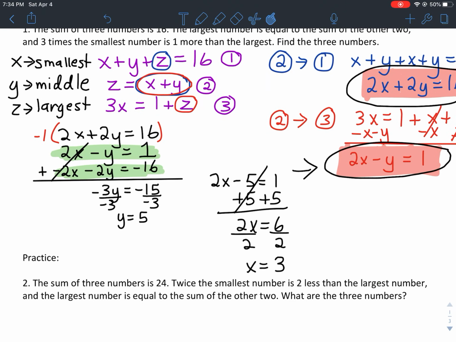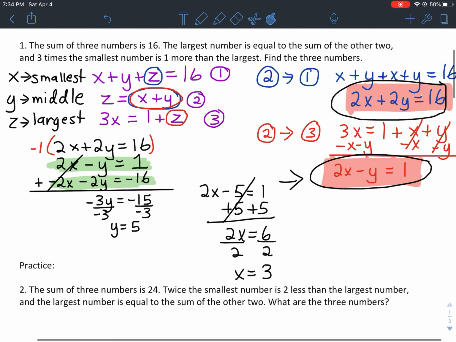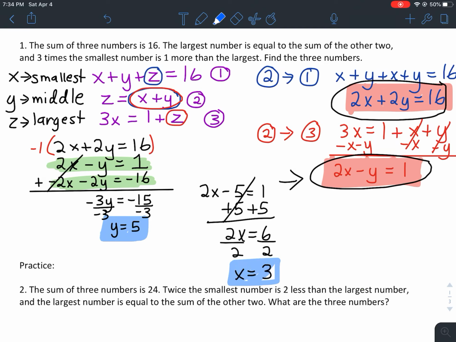And now I'm going to use the original first equation that we created here, x plus y plus z equals 16. The sum of the three numbers is 16. Well, if I know that the middle number is 5 and the smallest number is 3, their sum is 8.